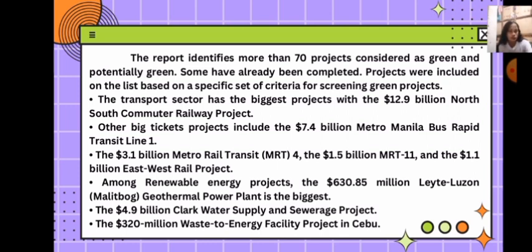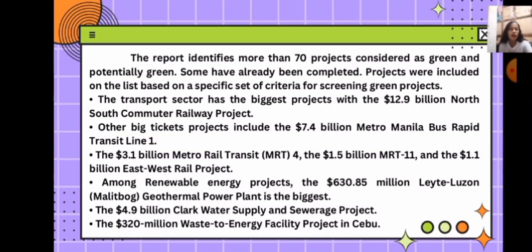So the second is other big-ticket projects, which include the $7.4 billion Metro Manila Bus Rapid Transit Line 1, the $3.1 billion Metro Rail Transit 4, the $1.5 billion MRT 11, and 1.1 billion dollars for the West Rail project.